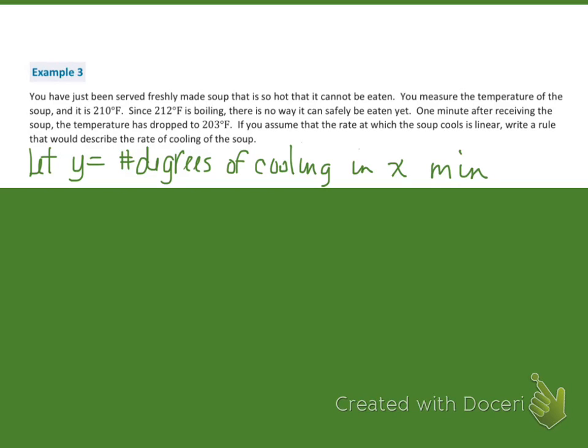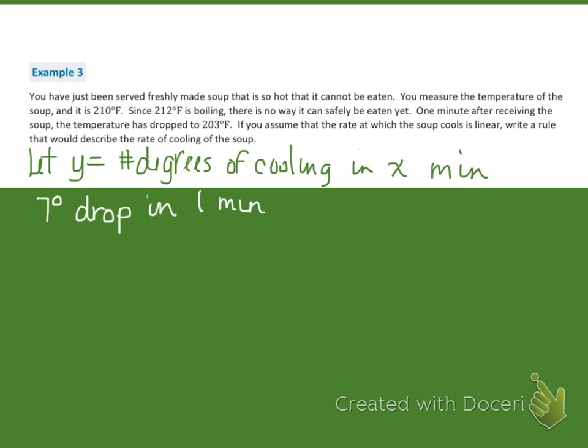We had 7 degrees of a drop. It was 210 and it went down to 203 in just 1 minute. Okay, so it had a 7-degree drop in 1 minute.